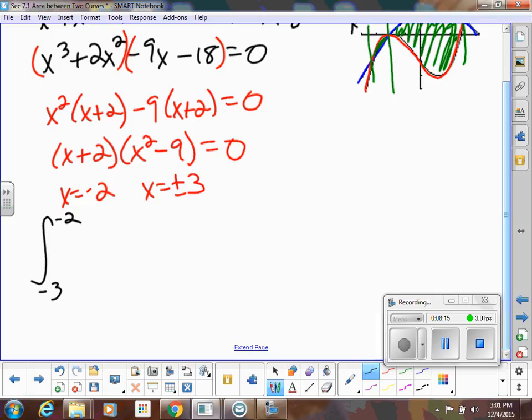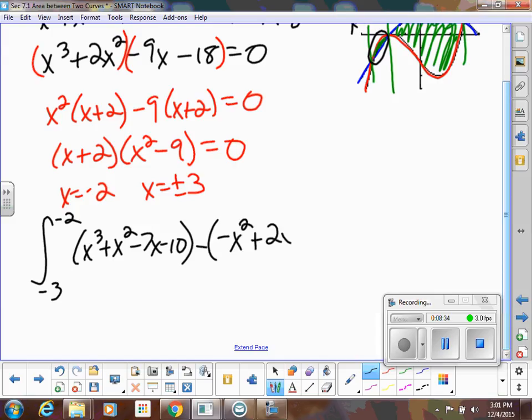All right, so on that tiny sliver, remember that the red is on top, the cubic is on top, and the quadratic is on the bottom. So I'm going to be doing x cubed plus x squared minus 7x minus 10 on top. That's the first curve, minus the quadratic. All of that is with those limits of integration.